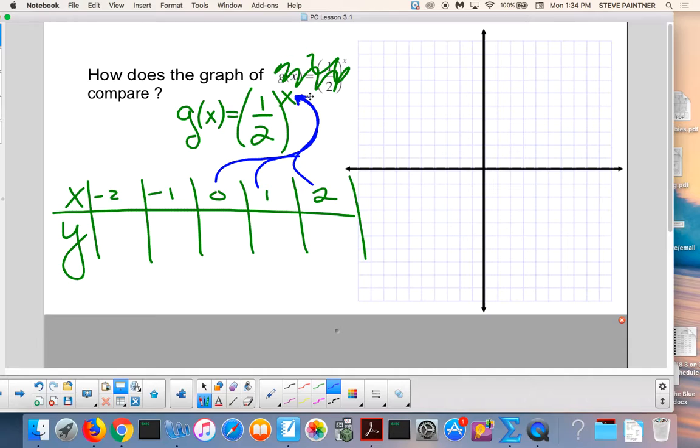What's 1/2 raised to the 0 power? 1. I'm trying to hammer that in your head. Anything to 0 is 1. What's a half raised to the first? 1/2. What's a half raised to the second? 1/4. What's a half raised to the negative 1?